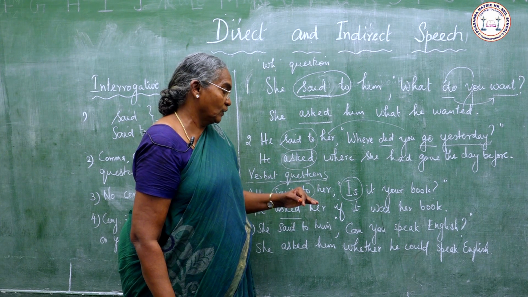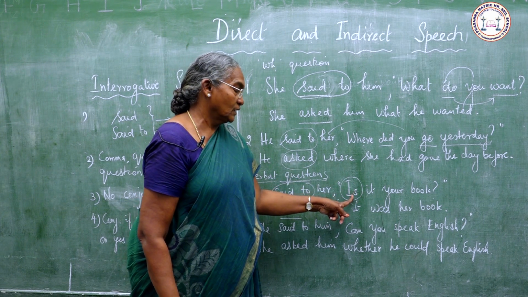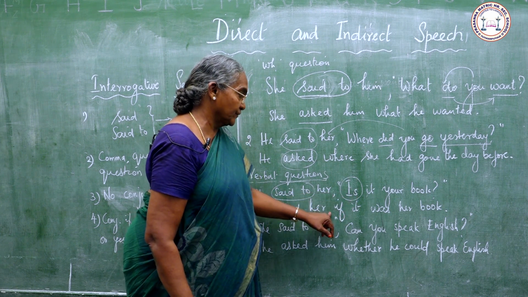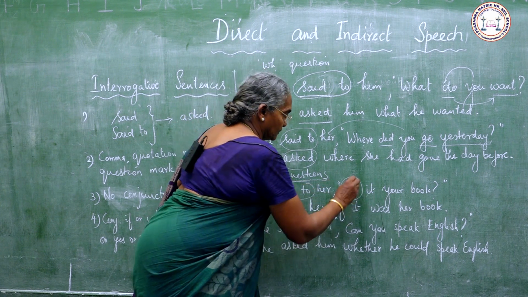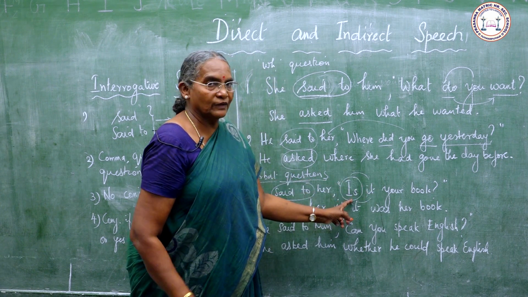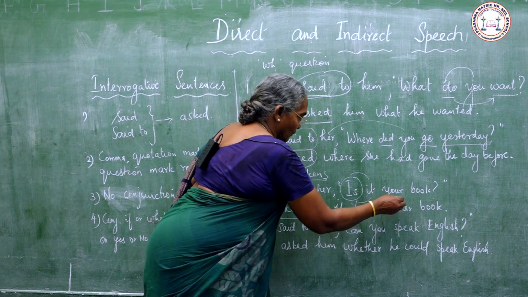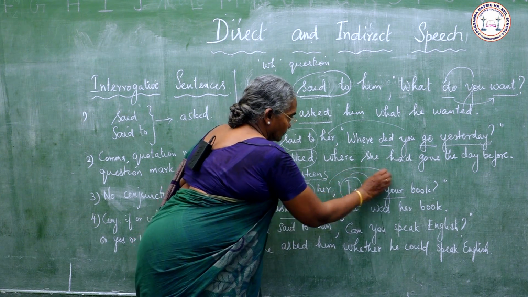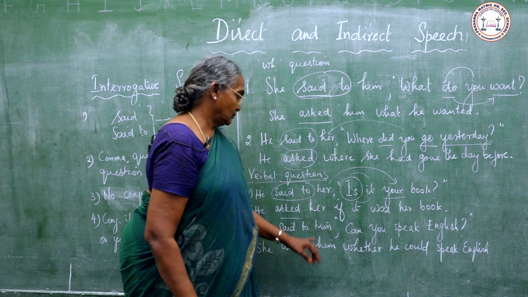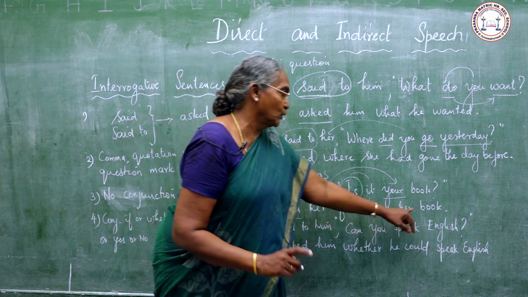The connecting word is if. If the sentence is a question with a verbal question, we add if. He asked her if, it comes here. Is will be changed to was. If it was your book, your refers to her. It was her book. He asked her if it was her book.